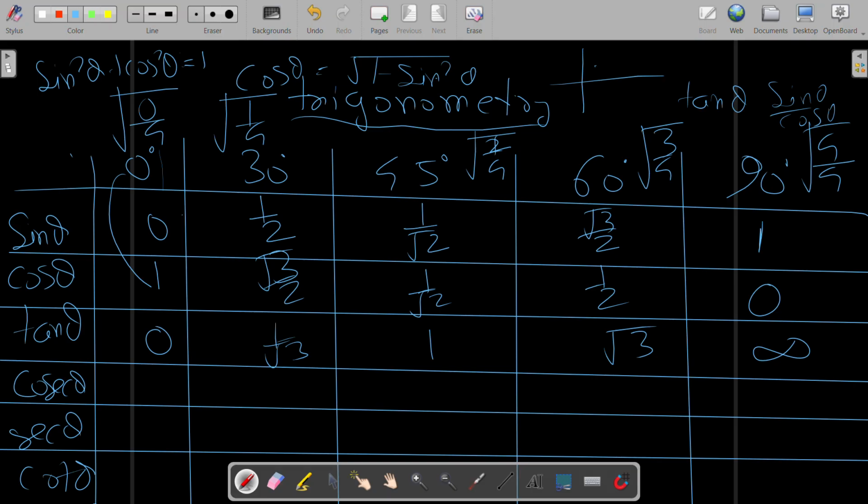And cosec is the reciprocal of sin theta. So this is 2, this is 2 by root 3, this is becoming again 1. Sec theta is the reciprocal of cos theta, so this is 2 by root 3, root 2, 2, infinity.